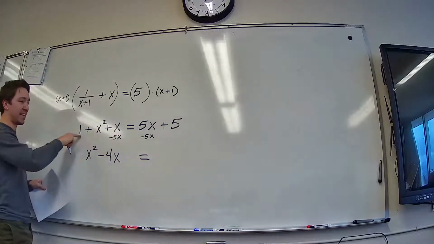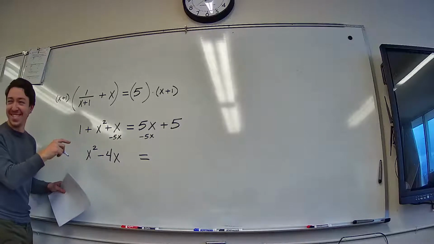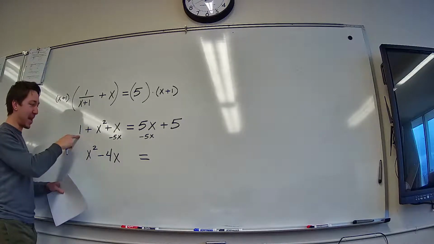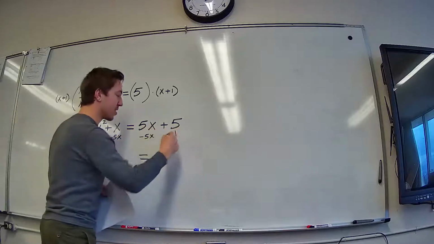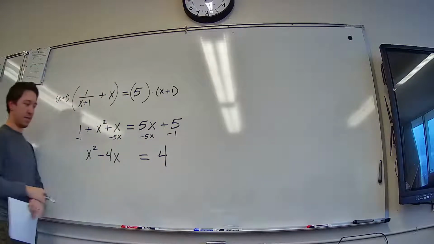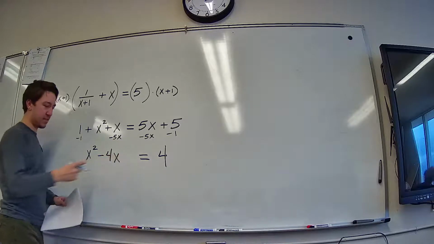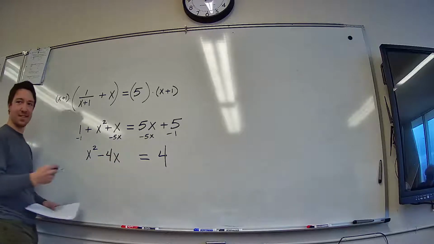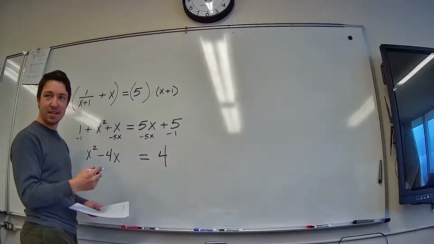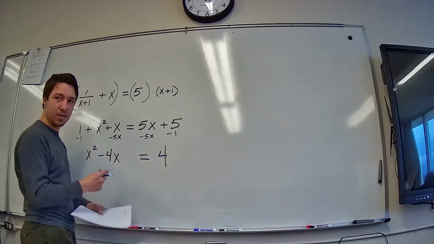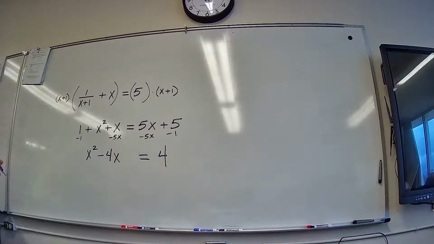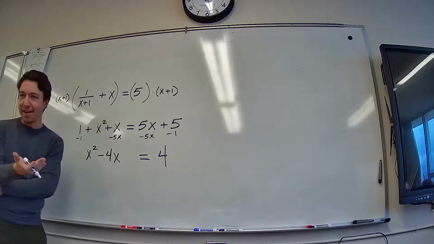So I'm actually gonna subtract 1 from both sides. And then say, what would I want here? What are you doing? Yeah, you're completing the square, but you don't have to do that. Well, you don't have to do anything.